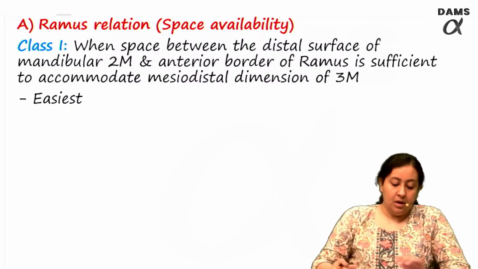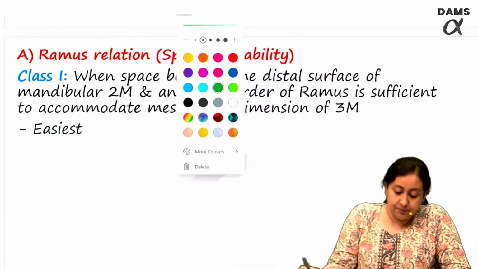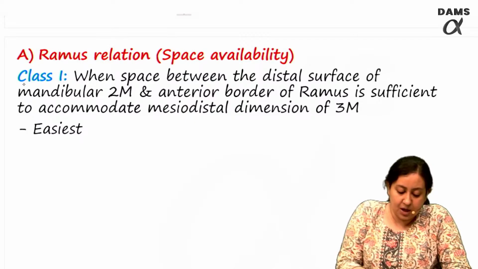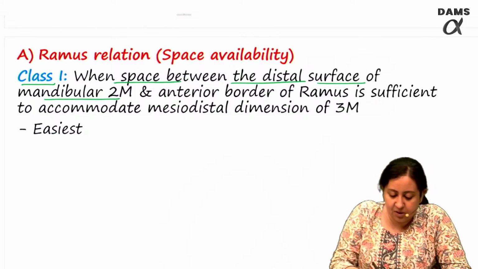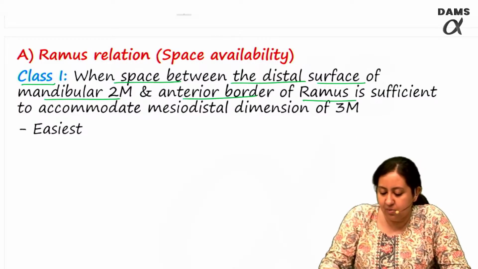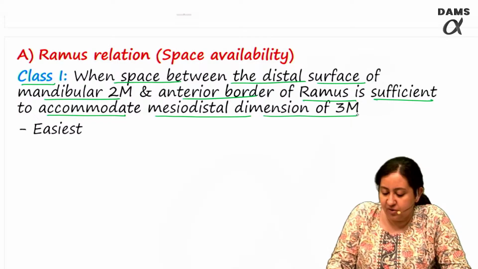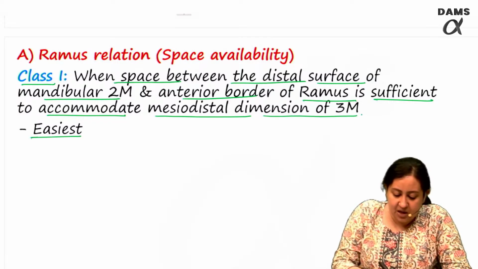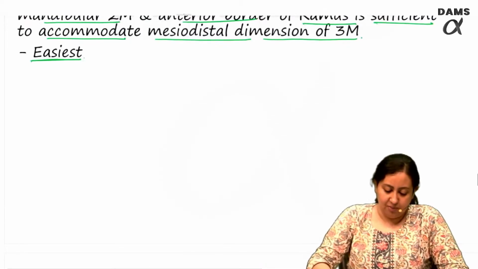The Ramus relation is divided into classes. Class 1 is when the space between the distal surface of the mandibular second molar and the anterior border of the Ramus is sufficient to accommodate the mesodistal dimension of the third molar, and this is the easiest type of impaction. Let us see with the help of a diagram.